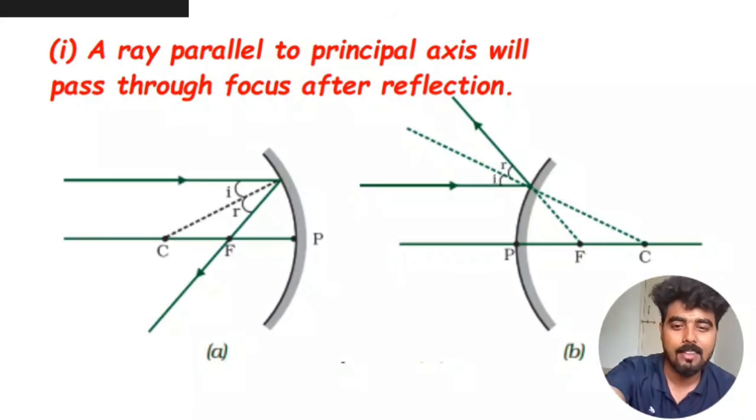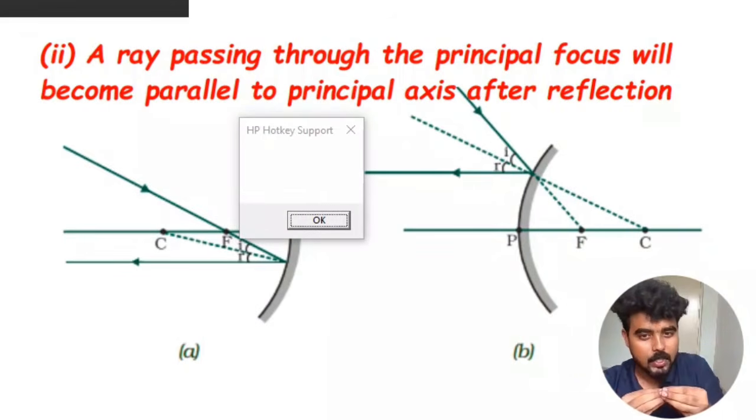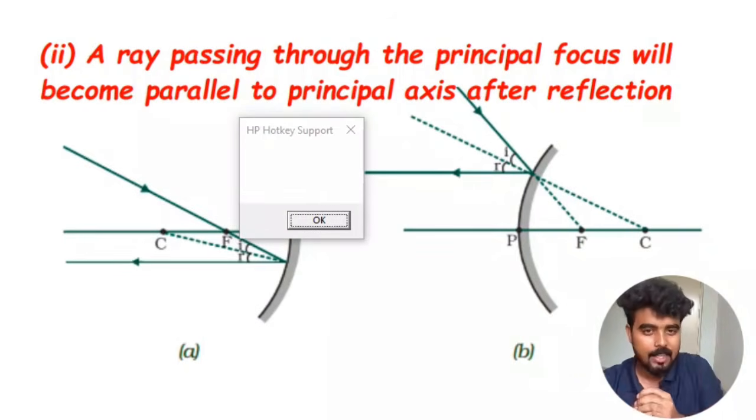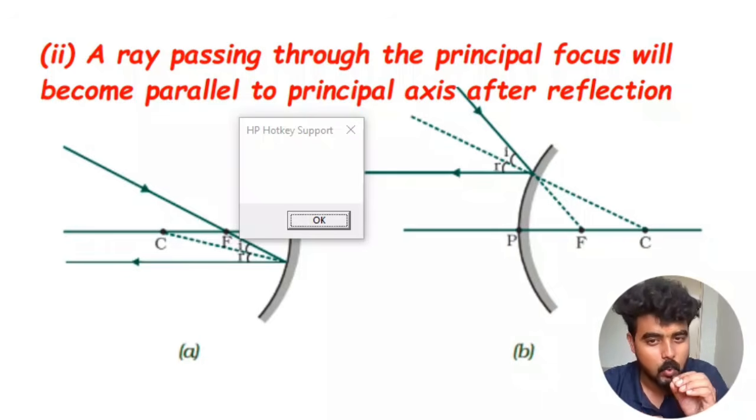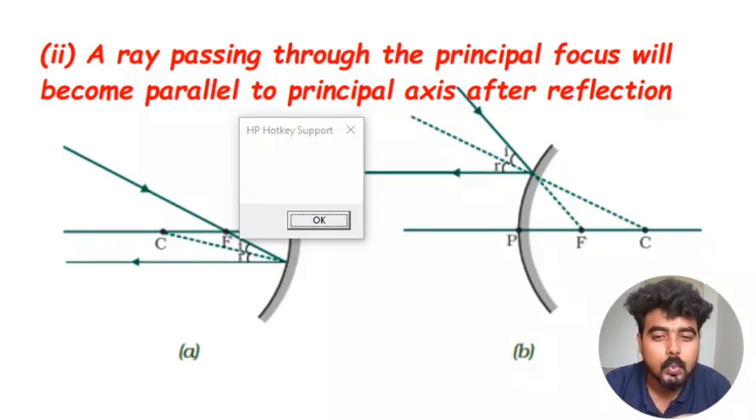Rule number 2, which is exactly opposite to rule number 1. A ray of light passing through the principal focus of a concave mirror, or directed towards the focus of a convex mirror, will emerge parallel to the principal axis after reflection.